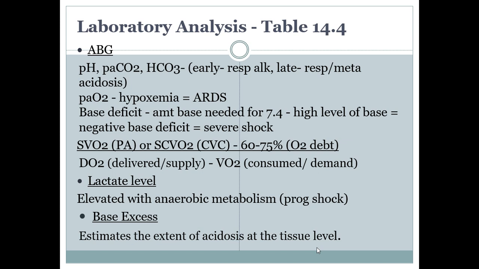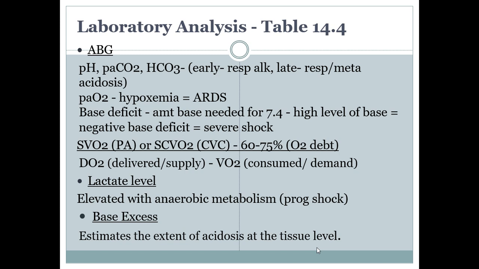All right, laboratory analysis. Table 14.4 on page 264 of your book is a great tool for looking at lab tests for the evaluation of shock, so please review that. ABGs, we're going to look at that for sure. In early shock, the pH is increased, which would reflect alkalosis. Remember, in late shock, the pH is decreased, reflecting acidosis or metabolic acidosis.